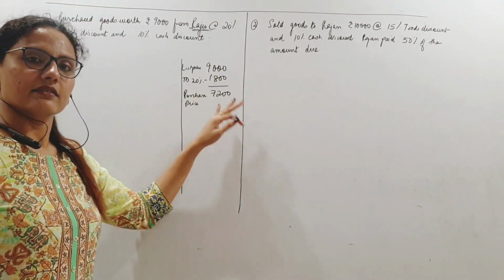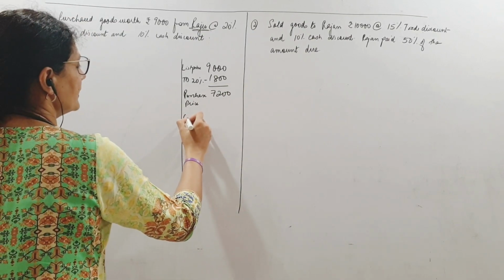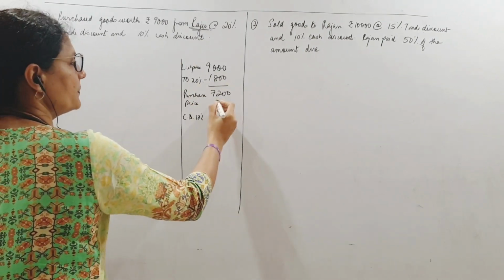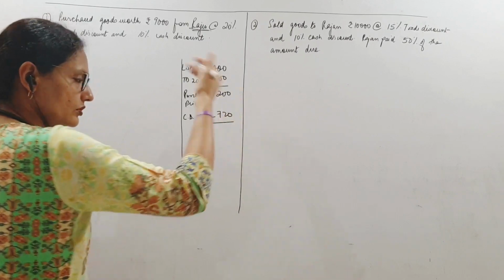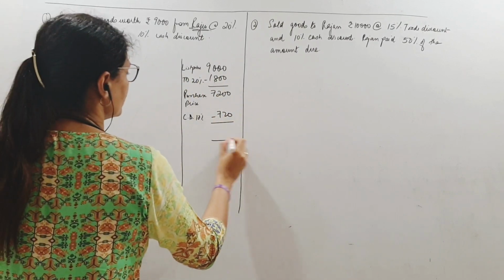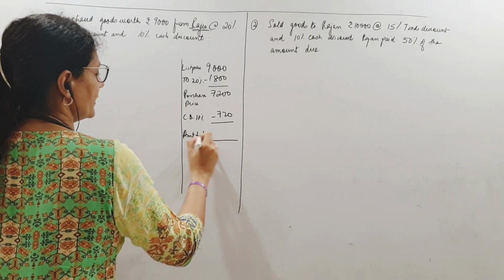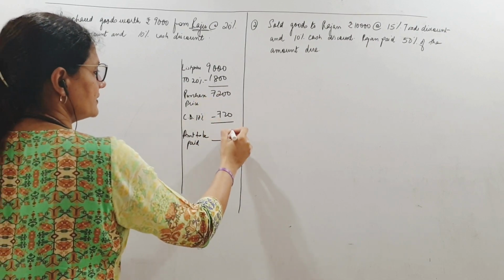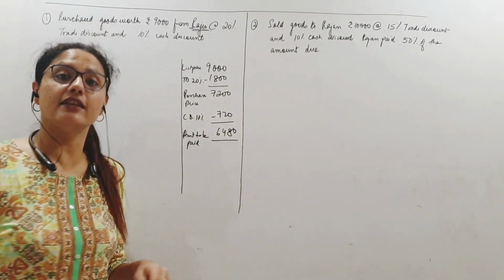After deducting the discount, 7,200 I had to pay, but again there is a cash discount of 10%. अब इतना भी नहीं पे करना, 10% of 7,200, 720. This also I subtract and then I come to the amount I need to be paid. So amount to be paid is this minus this, 6,480 I need to pay.